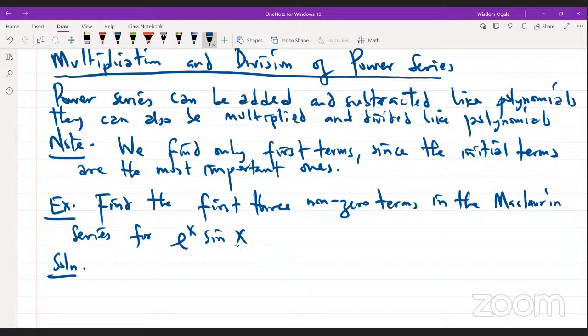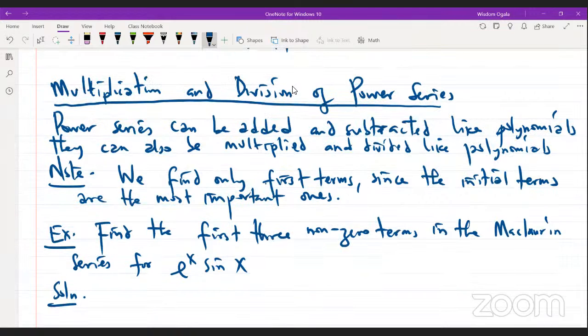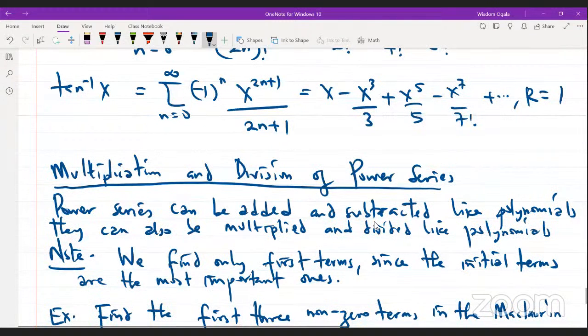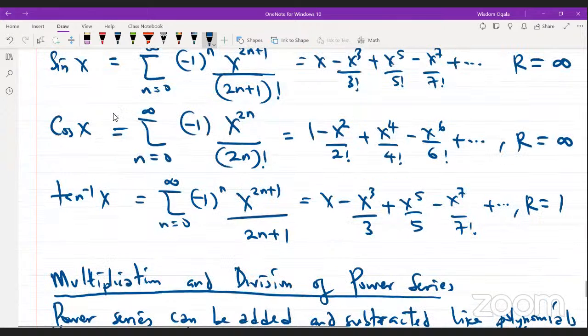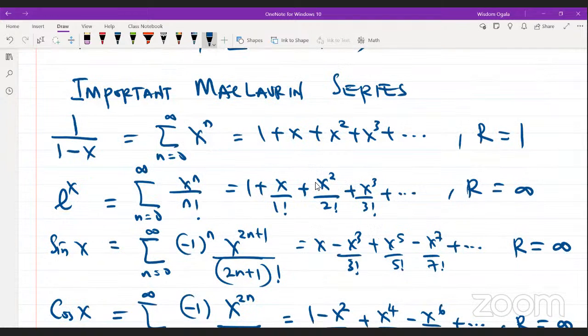If I take you back a second to the summary table, which we had, we know the Maclaurin series expansion for e to the x already, which is this. We know the Maclaurin series expansion for sine x already. So we need to work smart. You don't have to do it from scratch. So that means e to the x sine x.